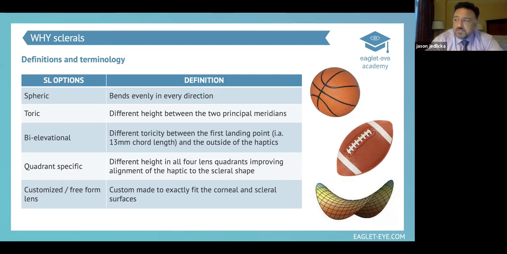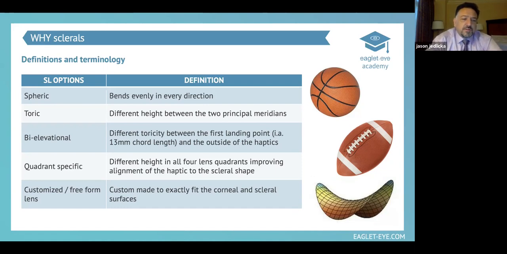This is historically how we fit scleral lenses years ago, but as we have broader lathing technology and diagnostic technology to show us about the shape of the eye, we find ourselves moving increasingly towards torics, where we create height differences between the two principal meridians of our scleral lens.